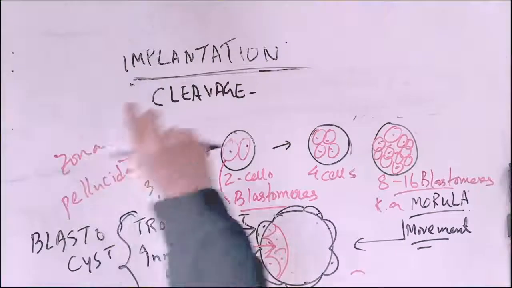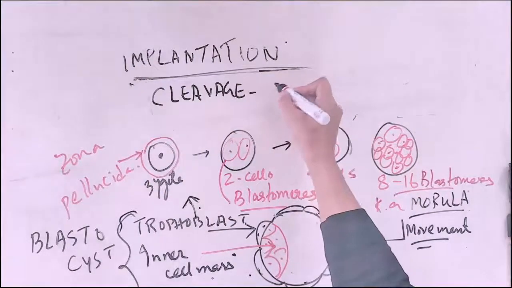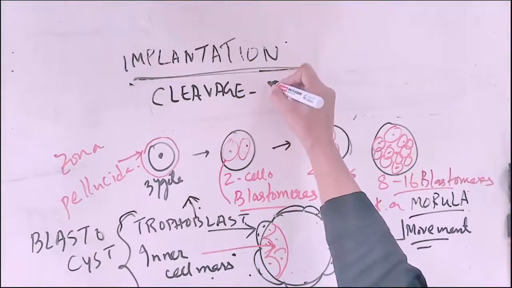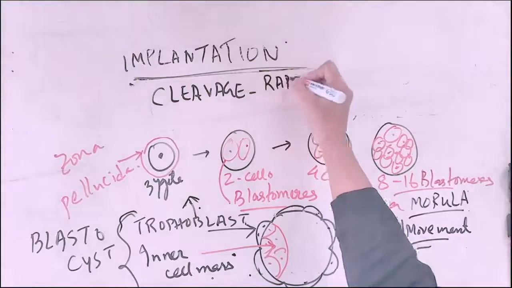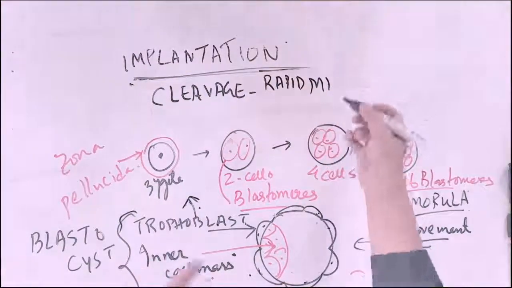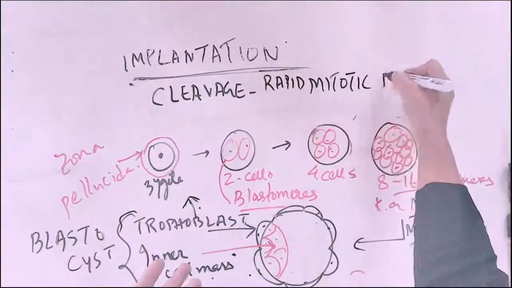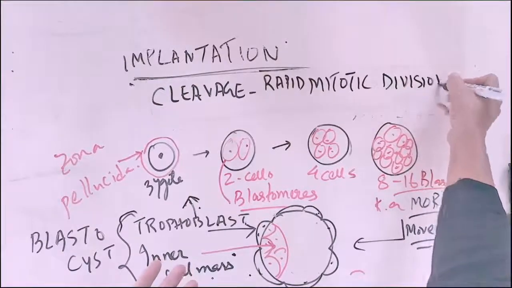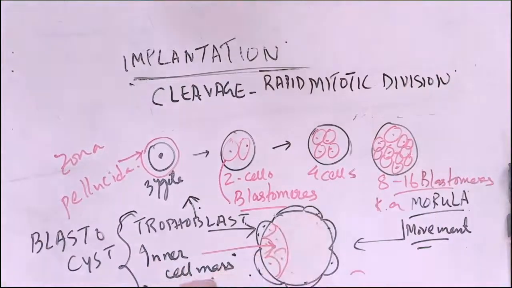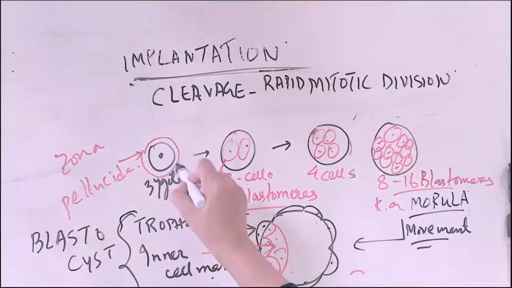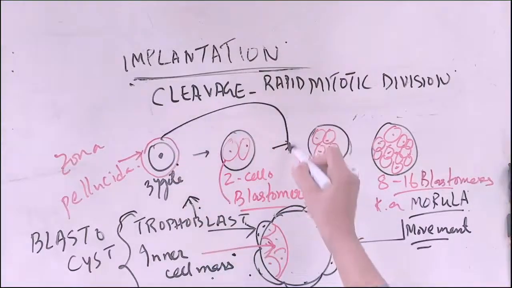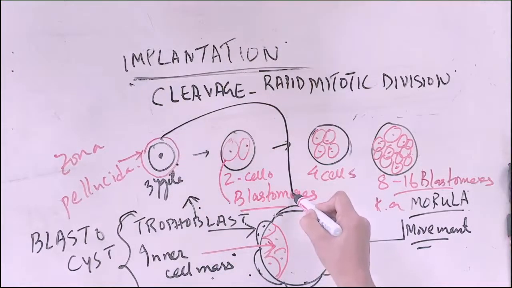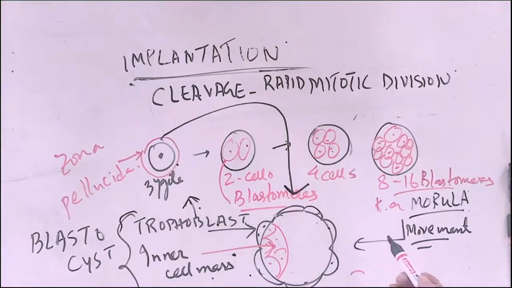So cleavage is a series of rapid mitotic divisions of the zygote, which will convert the single cell zygote into a multicellular structure known as blastocyst.